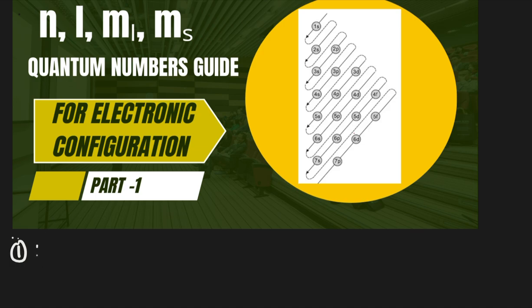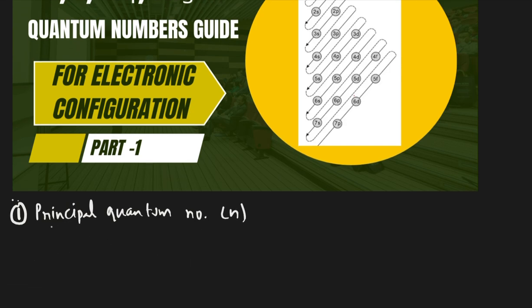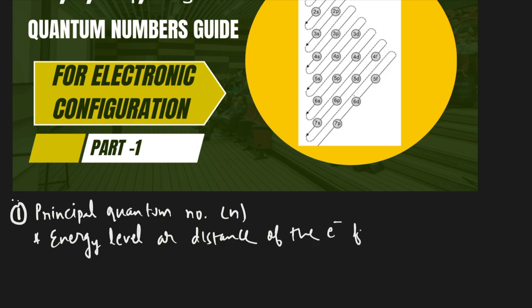Principal quantum number. This is represented by N, and this basically represents the energy level or distance of the electron from the nucleus.